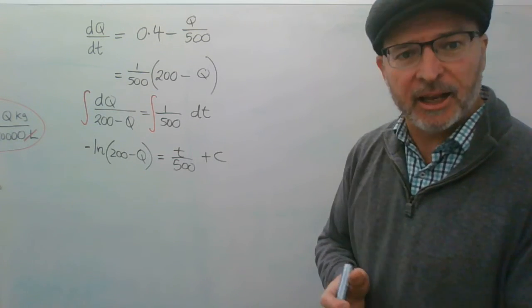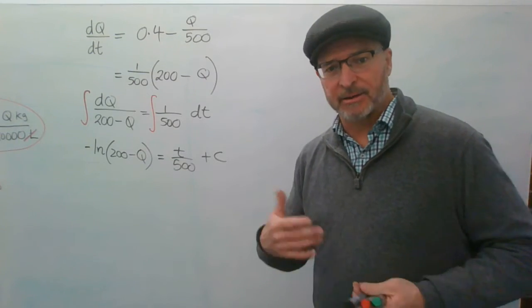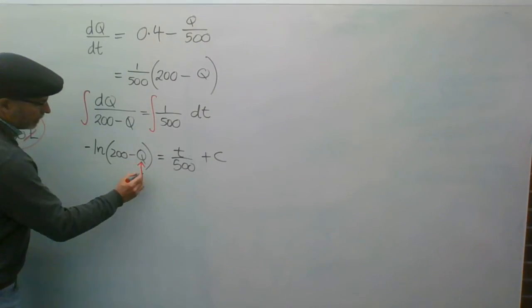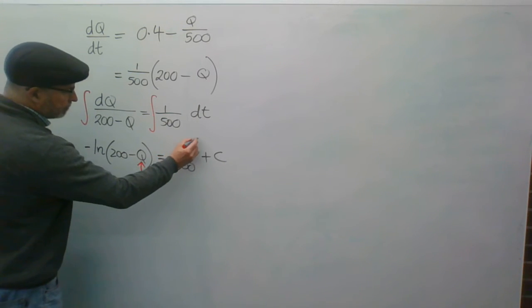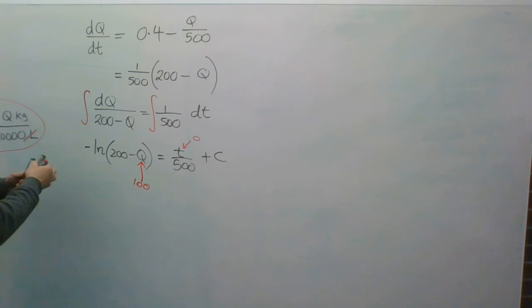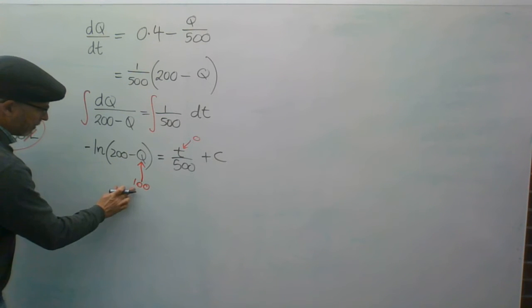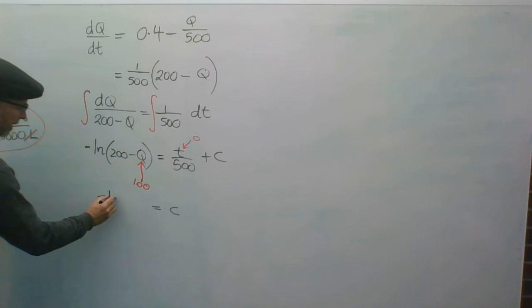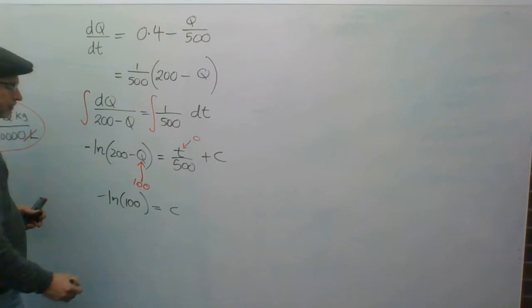So we had 100 kilograms of salt in there at the start. All right. So when t is 0, Q was 100. So that means 200 minus 100, that's 100. So C is equal to minus the natural log of 100.